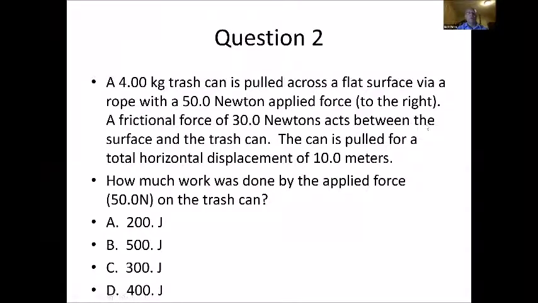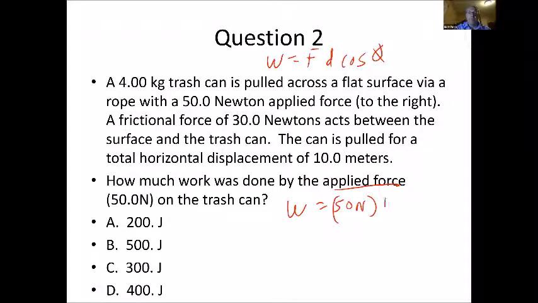We want to know how much work is done by the applied force, and we're going to be working from W equals F d cosine theta. In this case, we're looking for the amount of work done by the applied force. That force is 50 newtons, and the box moves a distance, or displacement, of 10 meters, so d is 10 meters. What we've got to think about here is what's theta?